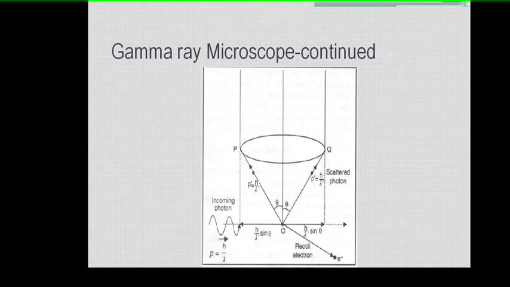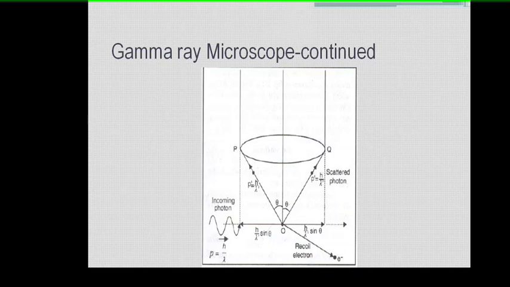Here we have a gamma ray microscope figure. In this figure we observe O, and suppose initially the electron is at O, as shown in the figure, at rest, and to locate its position, suppose it is illuminated by a narrow beam of monochromatic light. This is the incoming photon, monochromatic gamma rays proceeding in the x direction.